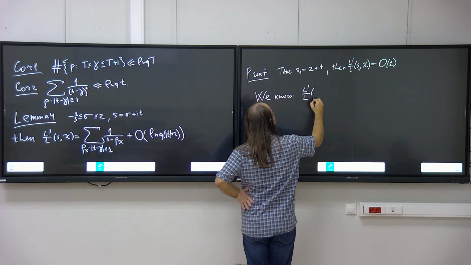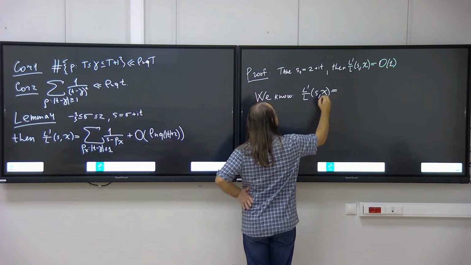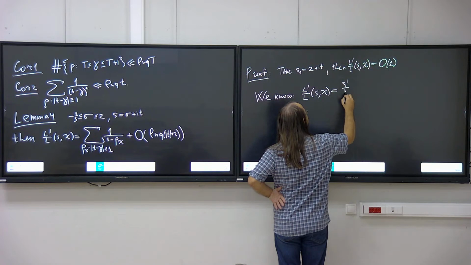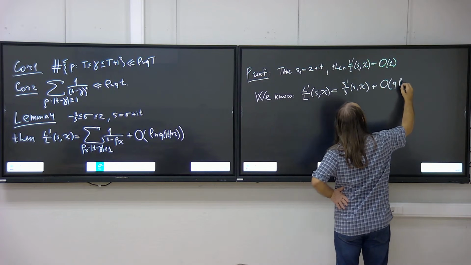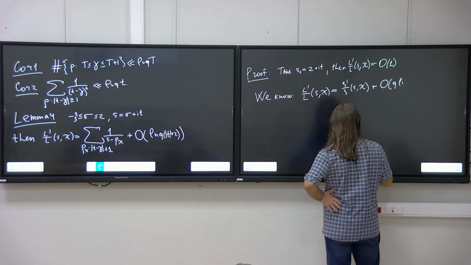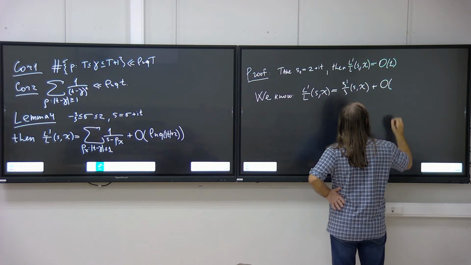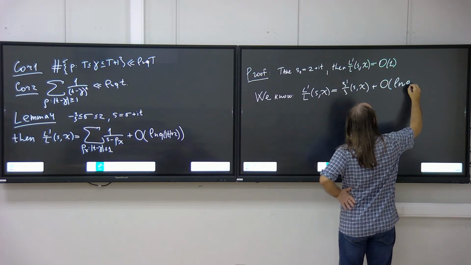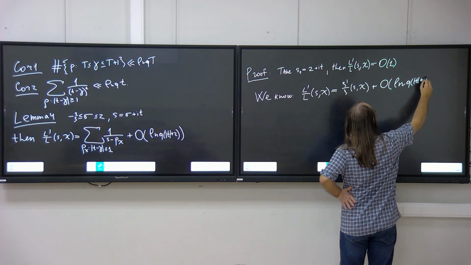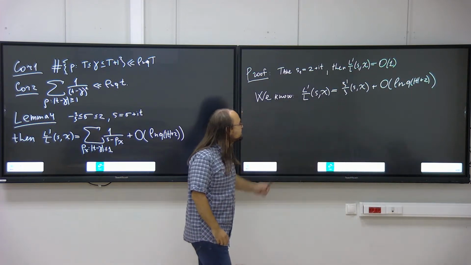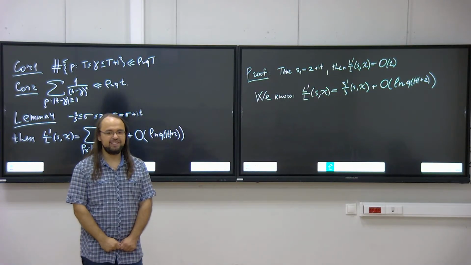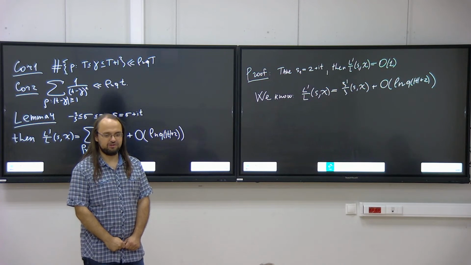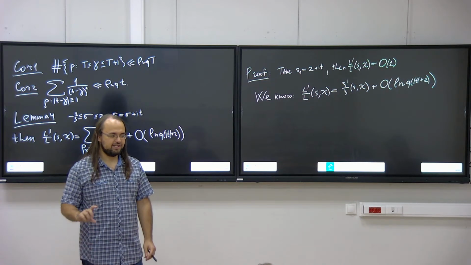L prime over L of s, chi is equal to xi prime over xi of s, chi plus big O of q. Sorry, no q, this would be horrific. Big O of logarithm q times absolute value of t plus 2. This is because the logarithmic derivative of L and the logarithmic derivative of xi differ by something controllable, by logarithm of q and then the logarithmic derivative of gamma, right?